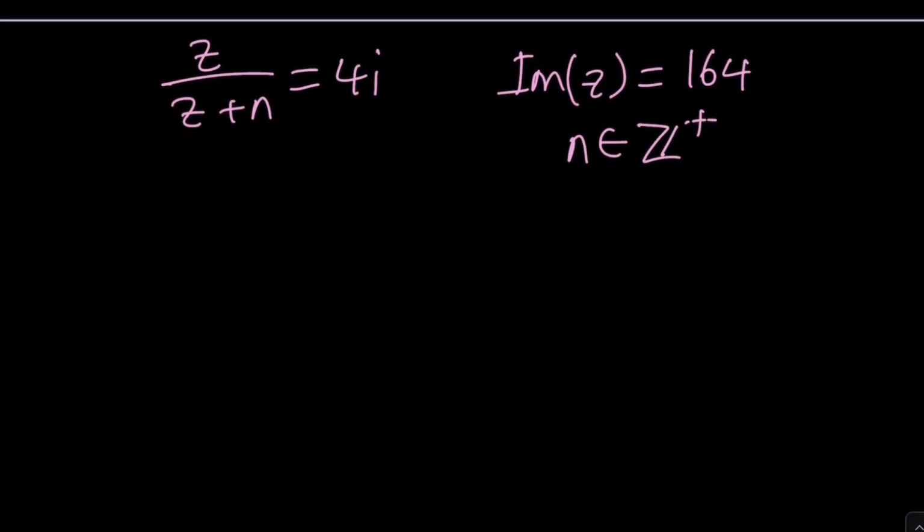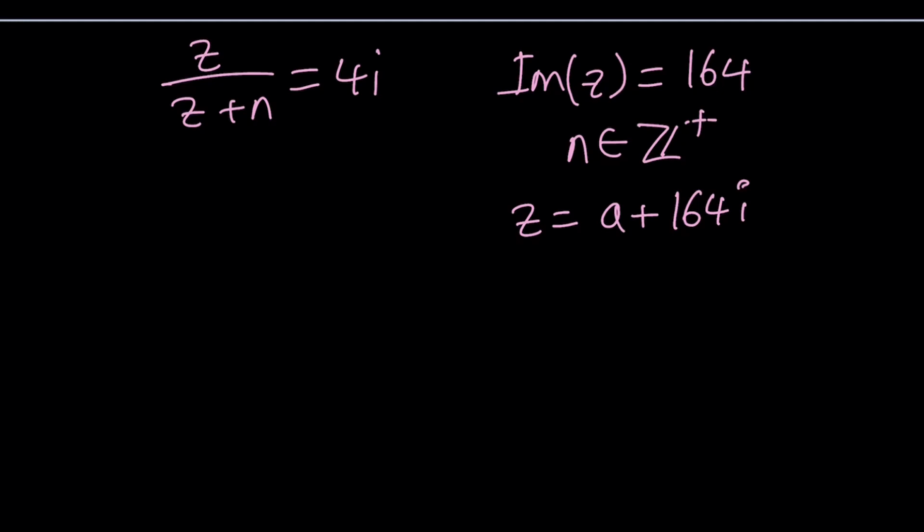When we write our complex number as a plus bi, we can basically say that b is supposed to be 164, so we can write it as a plus 164i. So this is kind of like half the work that we need to do, so we just need to find a. Of course, our goal is not to find a, our goal is to find n. Okay, let's get to work.